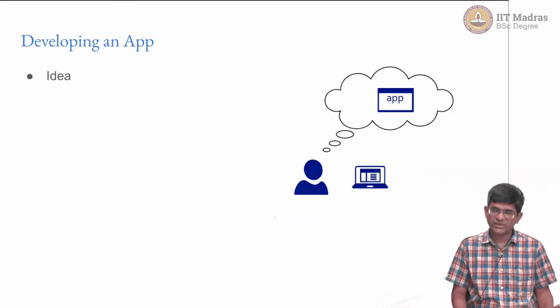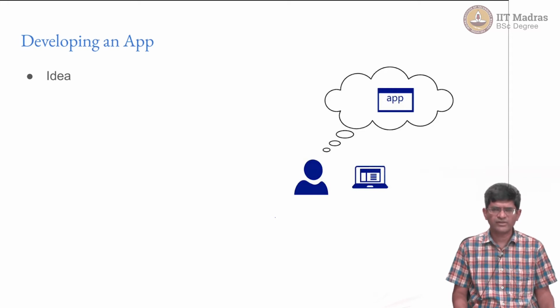Okay, so first things first, how do you go about deploying an app? Before deploying an app, you need to have an idea, right? So there's a person sitting in front of their laptop and they come up with an idea for an app, okay? Maybe it's to make a to-do list, maybe it's to write the next portal for the online degree course.